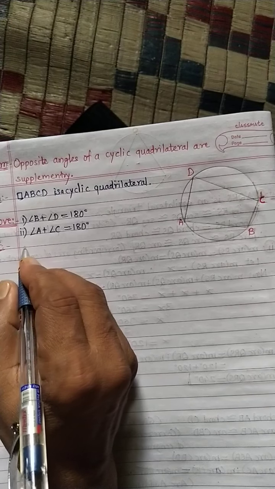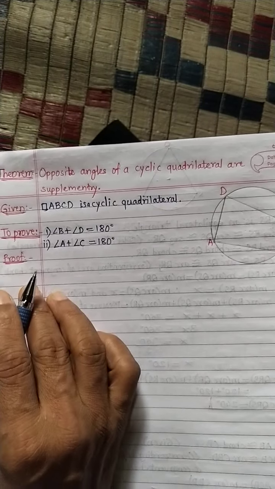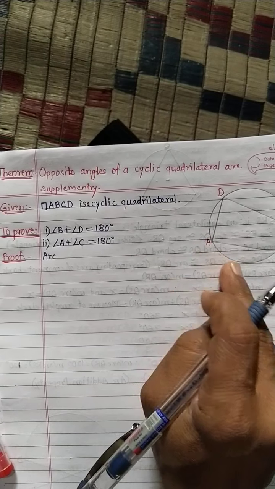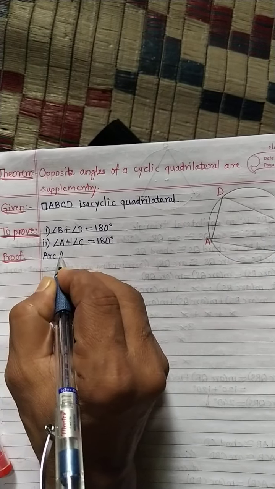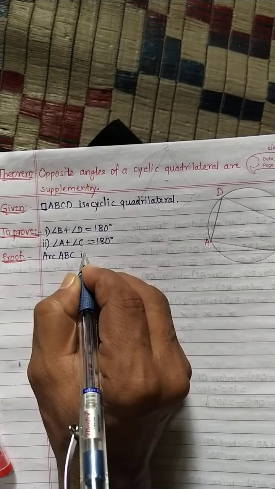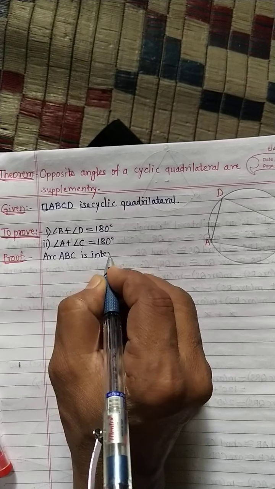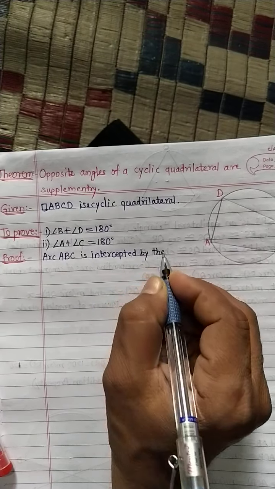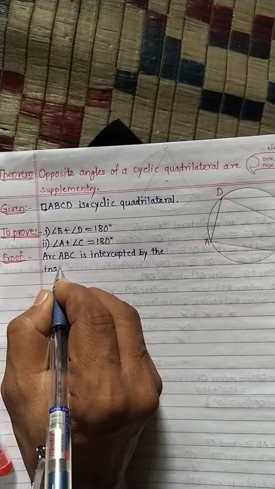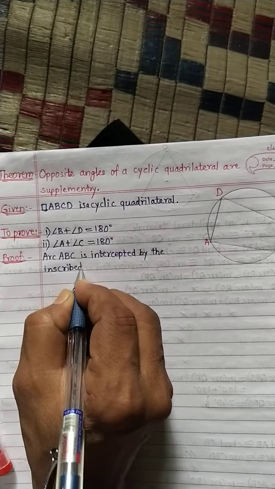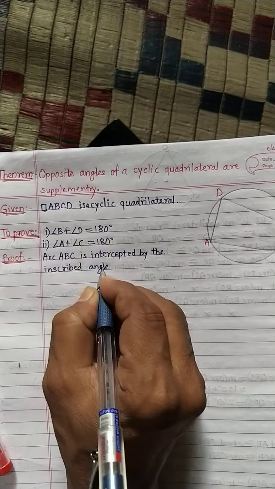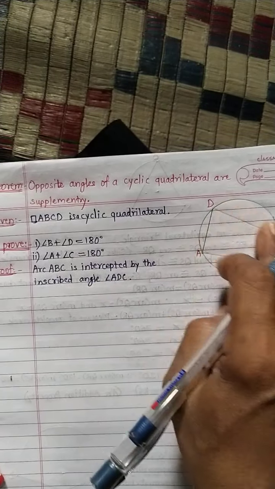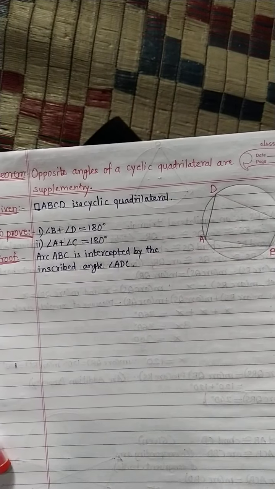So now I have to write the proof here. Arc ABC is intercepted by the inscribed angle ADC.